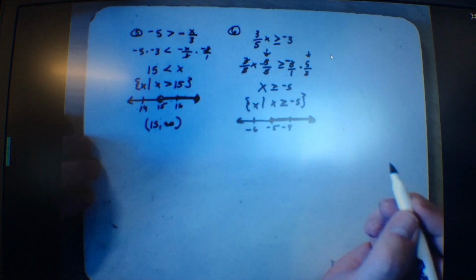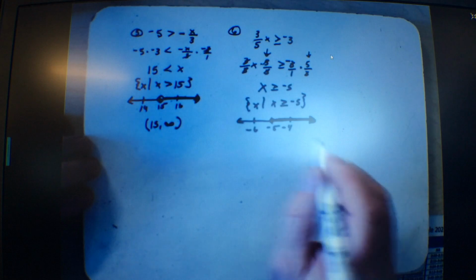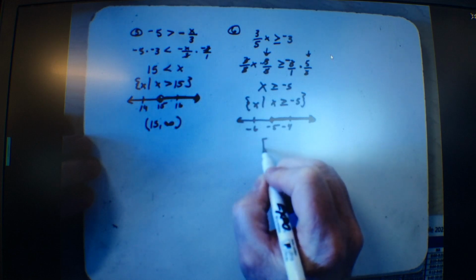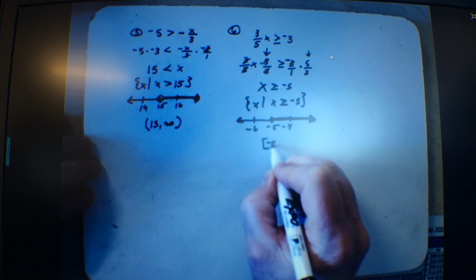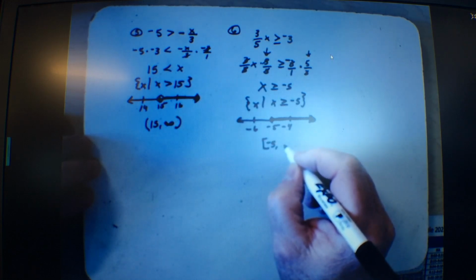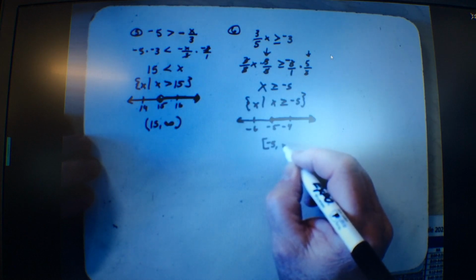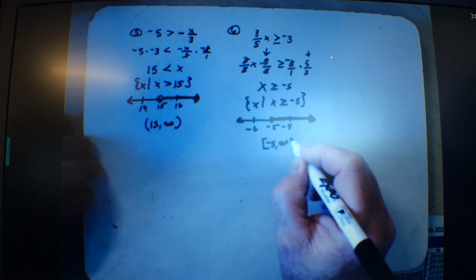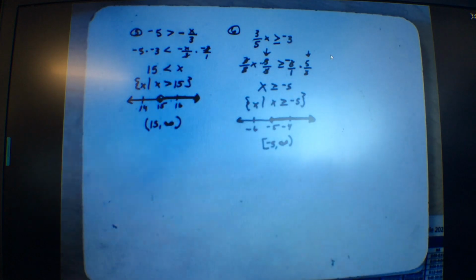So interval notation, Jackson, what do I got? Bracket, negative 5, infinity. Braxton, finish it. There you go.